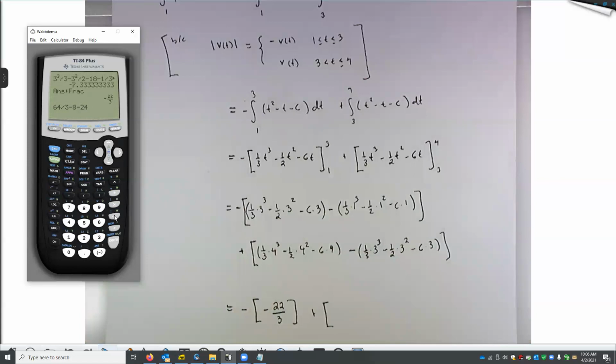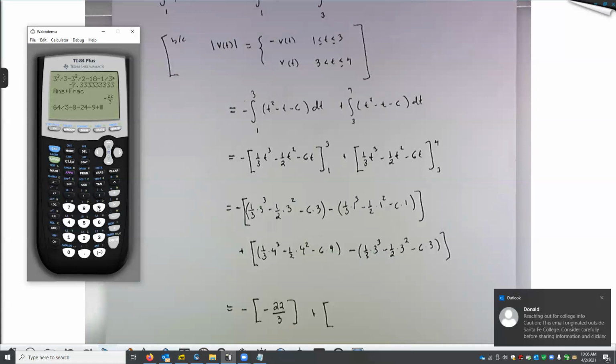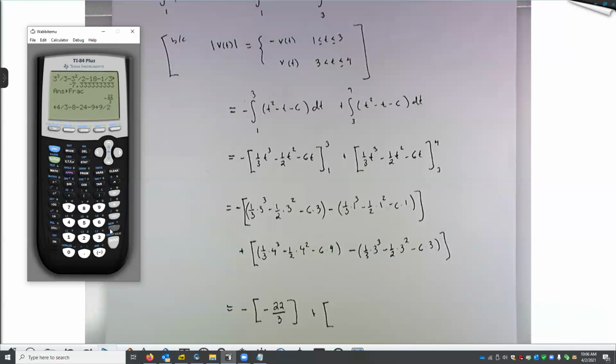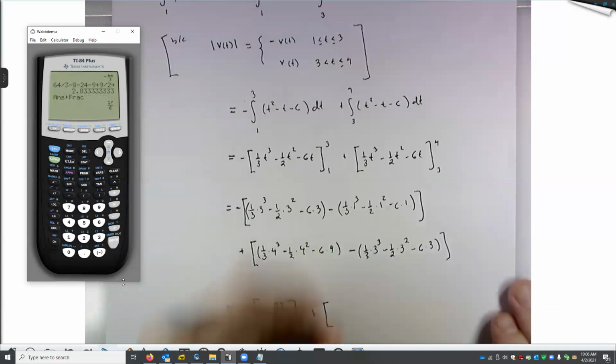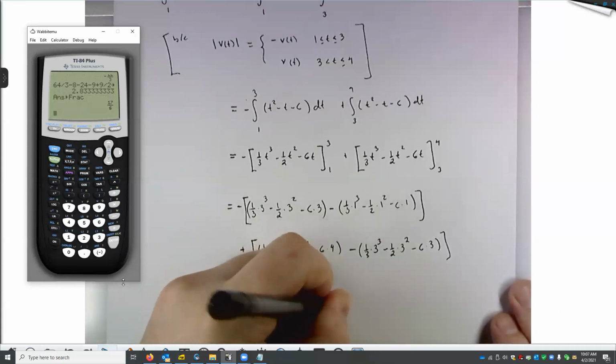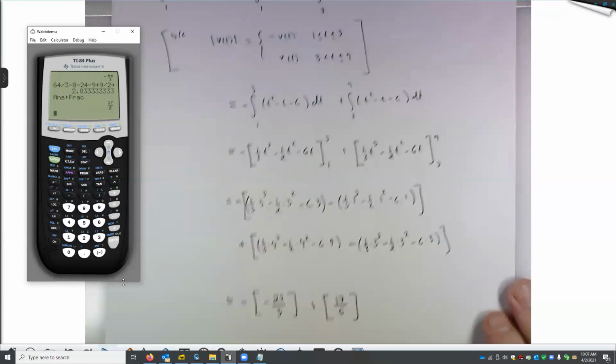And then minus 27/3, or minus 9. All right, 3 cubed over 3 is 9. Plus 3 squared over 2, or 9/2. Plus 18. And this is 2.83333, and as a fraction, you get 17/6. So this is 17 over 6.